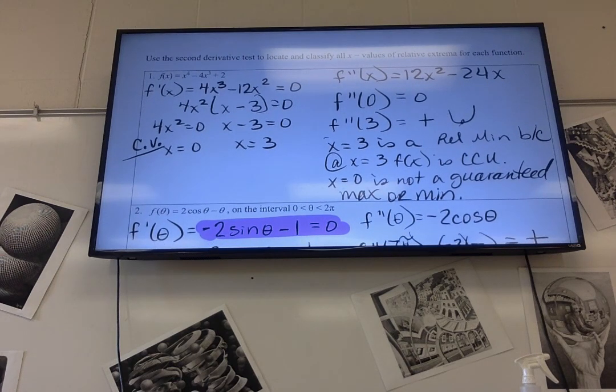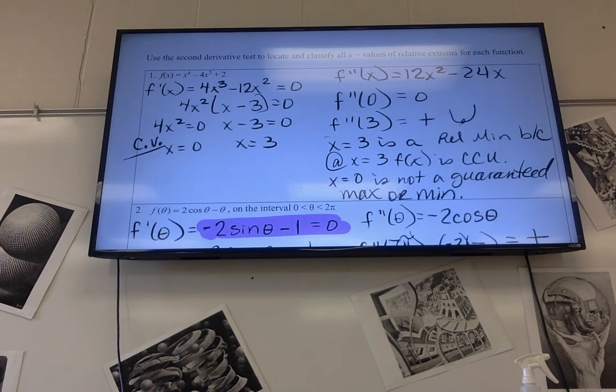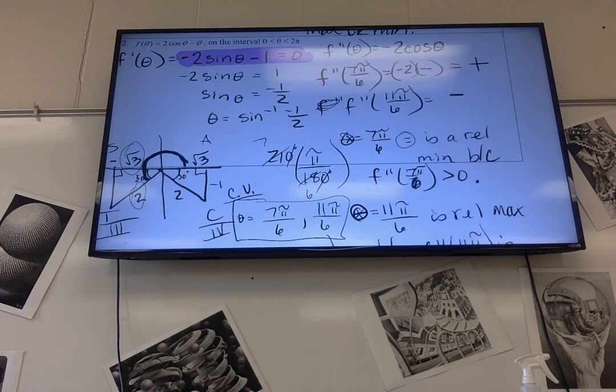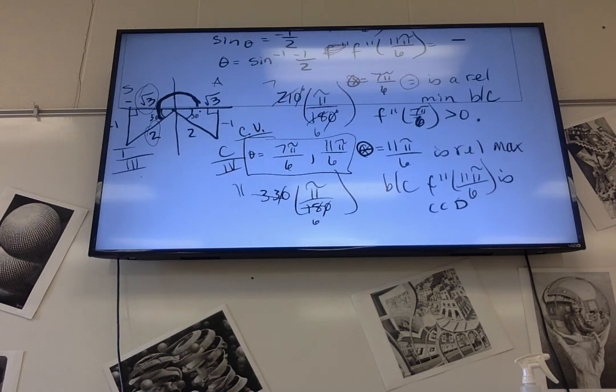You didn't put double prime. No, this would mean that f of x is concave, or I could say because f double prime is positive. Did I say concave down here? I did. It was more of a mistake.